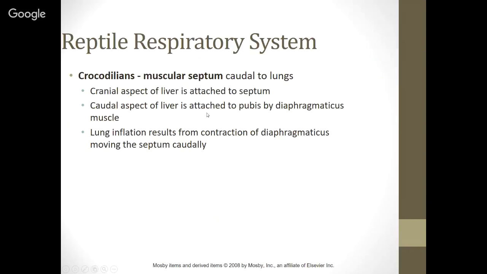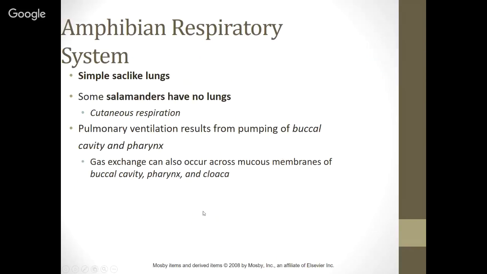The caudal aspect of the liver is attached to the pubis by the diaphragmaticus muscle. Lung inflation actually results from contraction of that diaphragmaticus moving the septum caudally. So it actually moves the liver and the septum caudally.